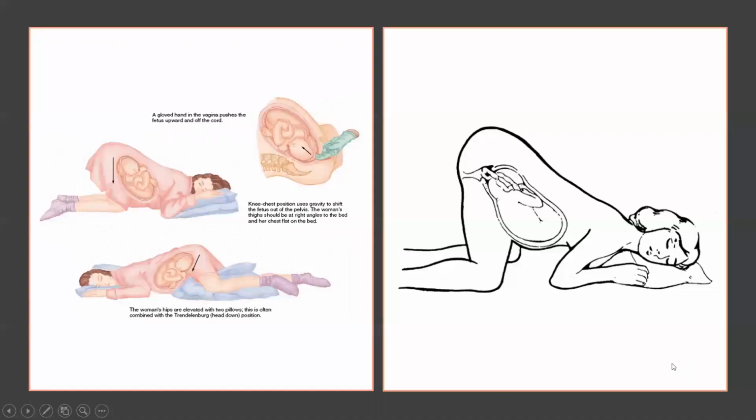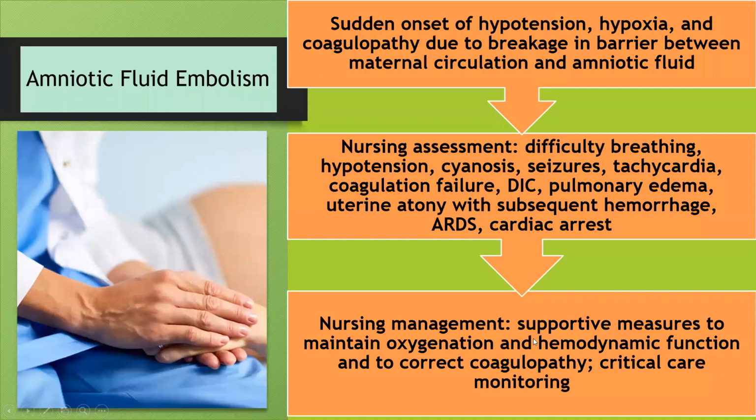So you would see on this picture, if we put mom in a hands and knees position and pushed on the presenting part of the baby, we can take some of the pressure off of that cord. So you'll see this sometimes worded hands and knees, knee-chest. All of those positions, you can just imagine, is helping gravity to pull this baby back down this direction so that we can buy some time until we can get to the operating room and get this baby out.